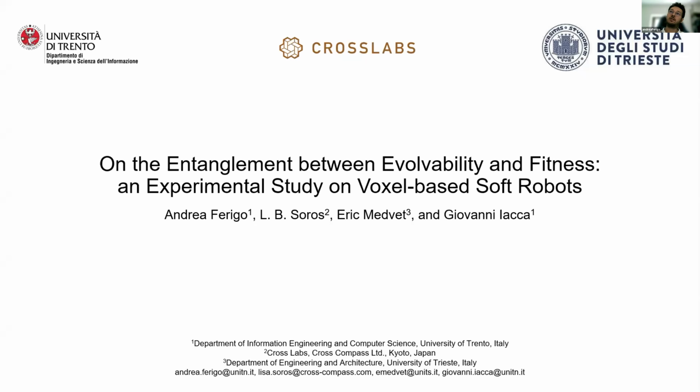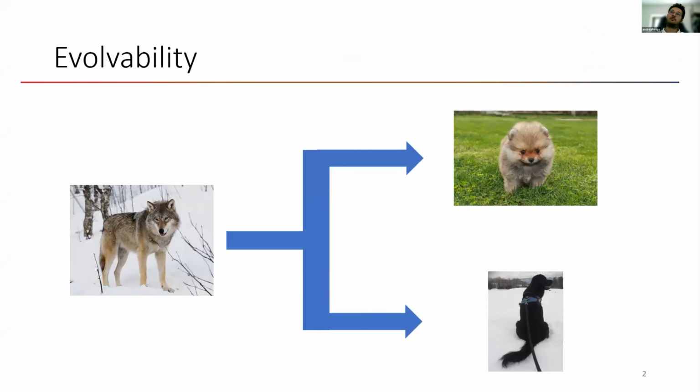So I will now present our work on the entanglement between evolvability and fitness. To start, what is evolvability? We know that evolution has created a lot of different species, yet much of this evolution depends on variation from a common ancestor, which leads to new species.